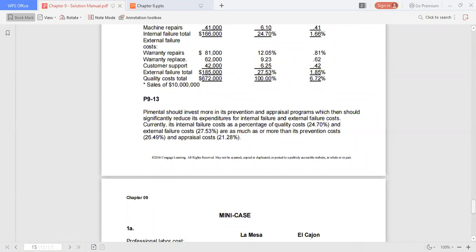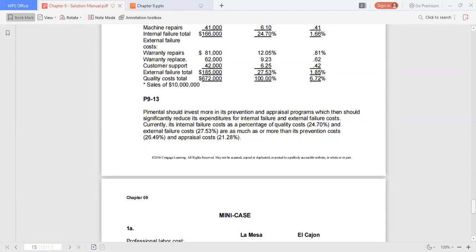Currently, its internal failure cost and external failure costs are as much as or more than its prevention cost and appraisal cost. So, as a percentage of quality cost, internal failure is 24.7% and external failure cost is 27.5%.